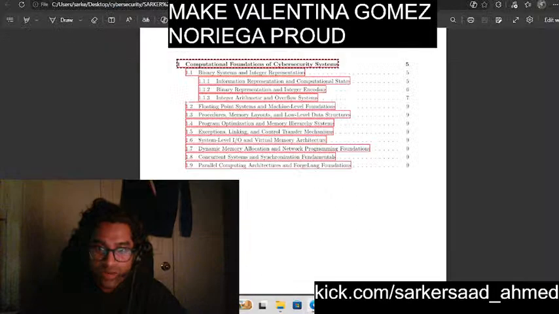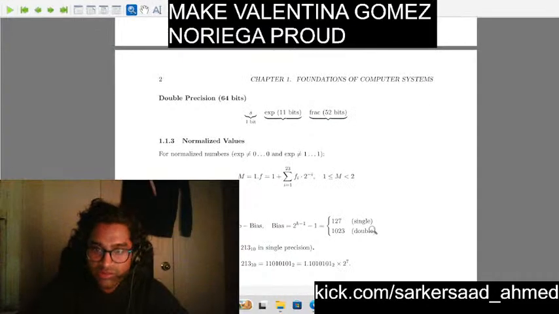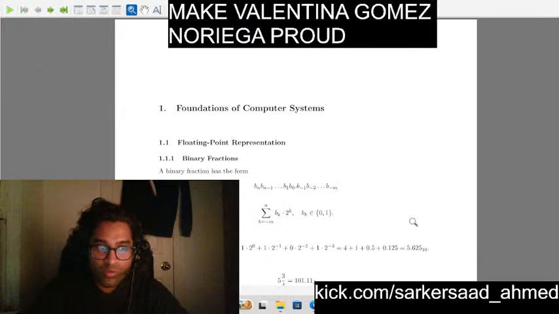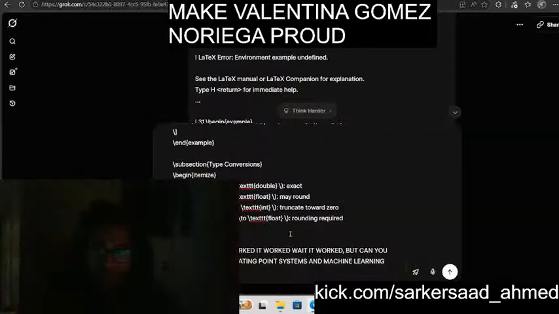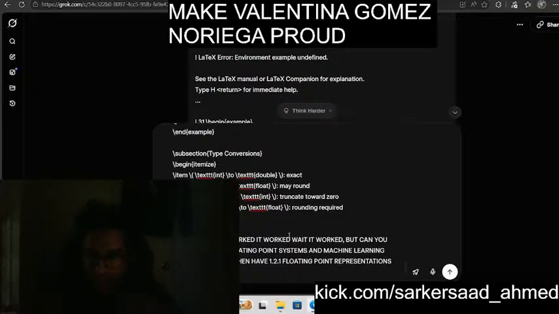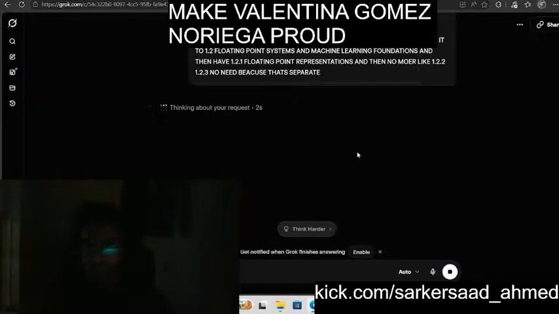And only have 1.2 and the next one will be 1.2.1, like 1.2.1 floating point representations. And then no more numbers, like 1.2.2, 1.2.3, no need, because that's separate. It worked.